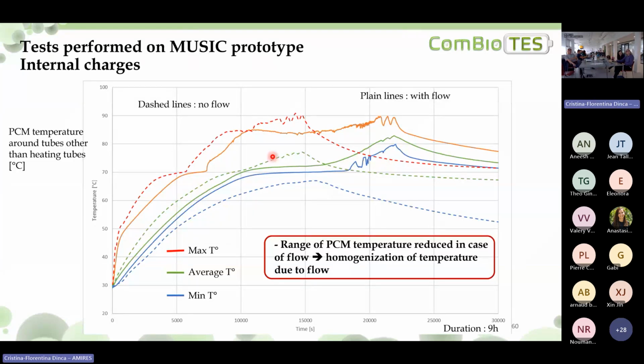While if there is no flow, the minimum temperature here is 65 degrees. So the efficiency of the charge is much lower if you have no flow.